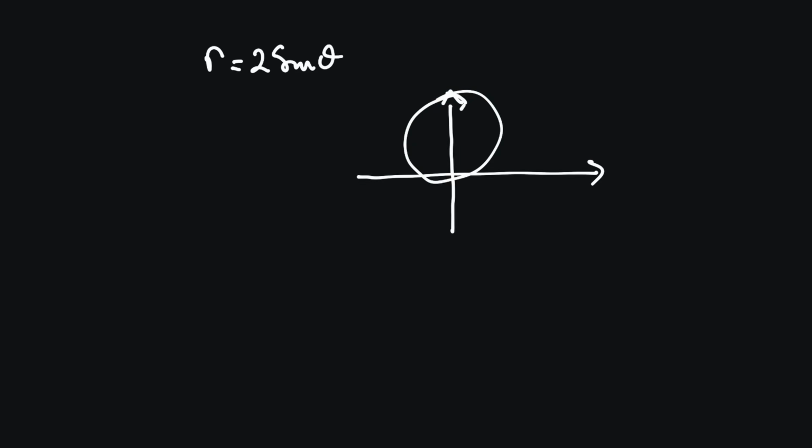All right, let's graph one of the equations that we already studied in the previous video. Let's graph r equals 2 sine of theta. Immediately we notice that a is positive and that we're dealing with sine. So we know that our graph must be on top. But we need a little more information.